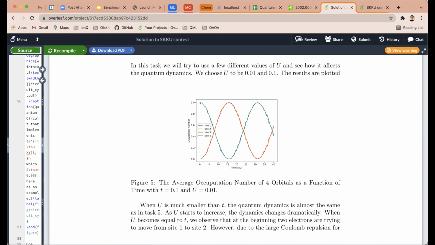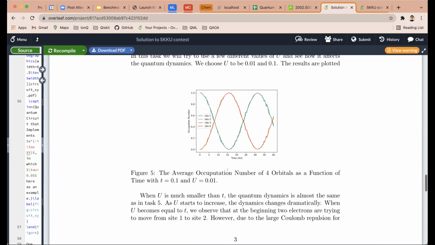And you can see it's not much different from what we have for U being zero. We can still see this oscillatory behavior in which 2 electrons jump back and forth from site 1 to site 2, oscillating back and forth.